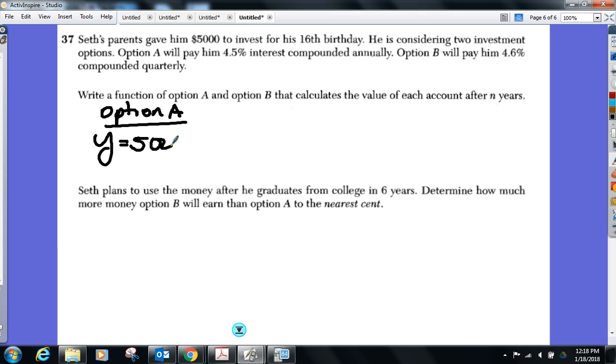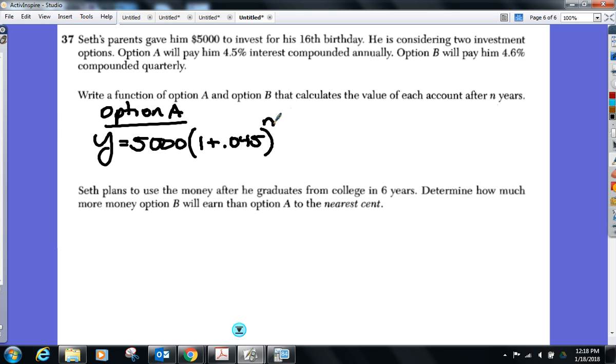So starting value times, is this growing or decaying? I hope it's growing if he wants more money back. 1 plus your rate. So 1 plus what rate for option A? Not 4.5. 0.045, yep. Raised to the, in this case, n, because it's n years.